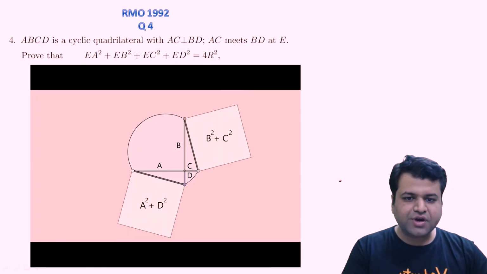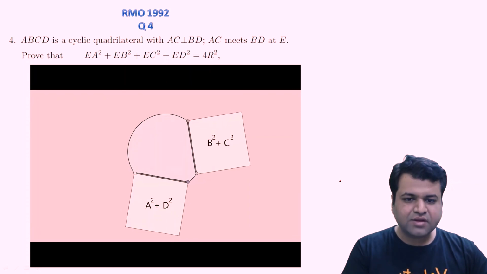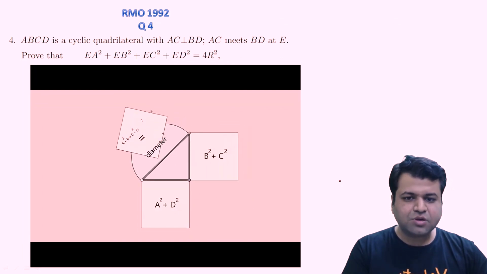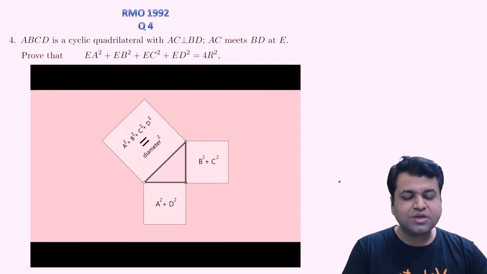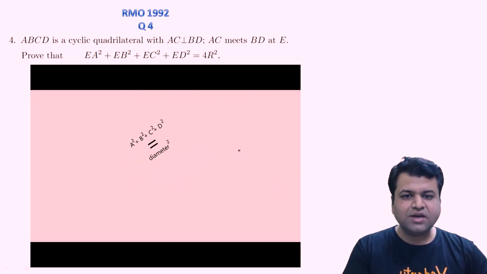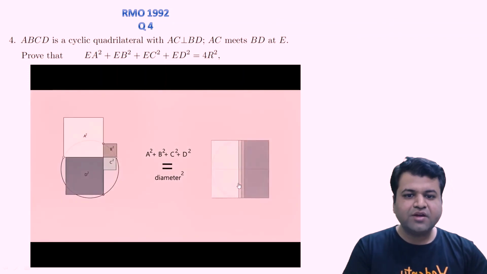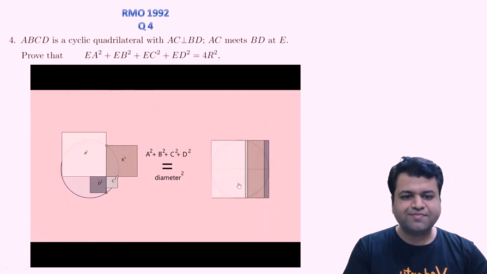And now if you rotate this by some angle, these two will be perpendicular, and what we got is a square plus b square plus c square plus d square equals the diameter square. So that was the result: a square plus b square plus c square plus d square is equal to diameter square, which is nothing but 4r square.